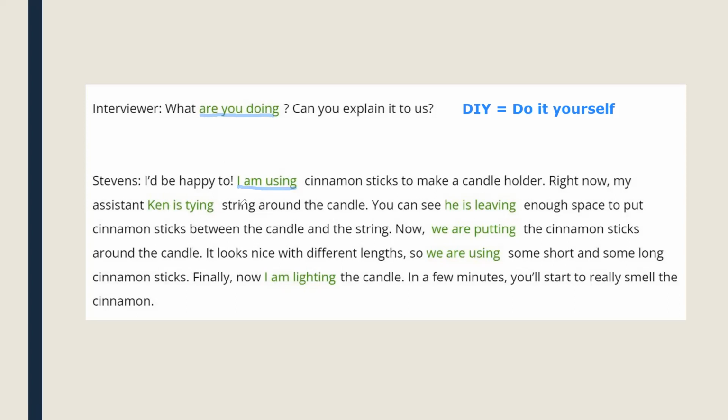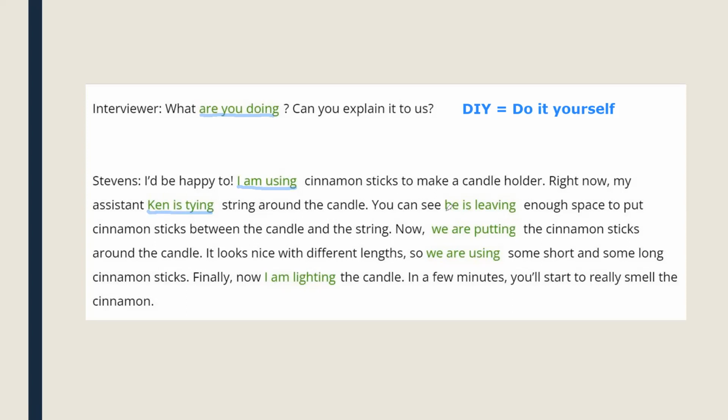Oh, look, what is he doing? He is cooking something, or he is drawing, okay? So he is tying string around the candle. You can see he is leaving enough space to put cinnamon sticks.